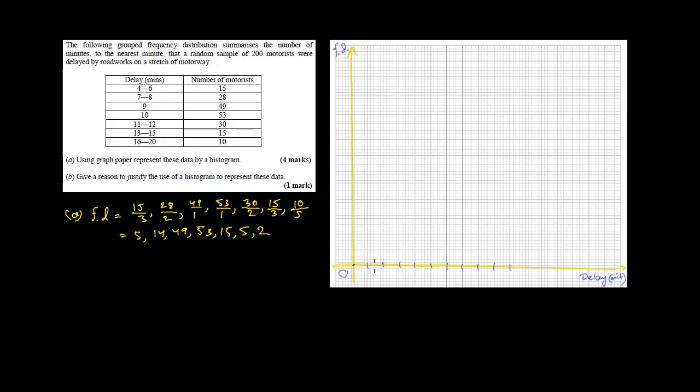So the first thing, the height we need up to 50 something, so we can take it as 5, 10, 15, 20, 25, 30, 35, 40, 45, 50, 55.